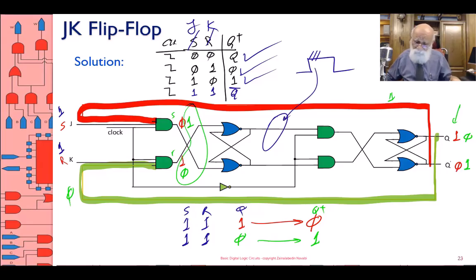When the clock becomes 0, the D input is taking another half into the output. This is the master output, and that one is the slave output, or the actual output of the circuit. And this is the clock, and so I require a 1 and a 0.